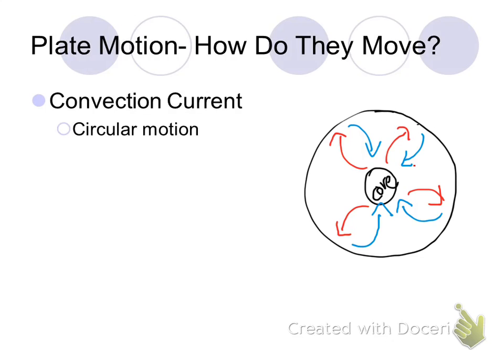And what does the blue represent? Sammy? Cool air, so it's more dense and it sinks. Good. It's cool, and it represents that it's more dense, so it sinks. So we've got this what type of motion? Circular. Circular motion. Okay, so if we pretend that I am standing at the top here above this current, and this happens to be my plate, which way is my plate going to move?